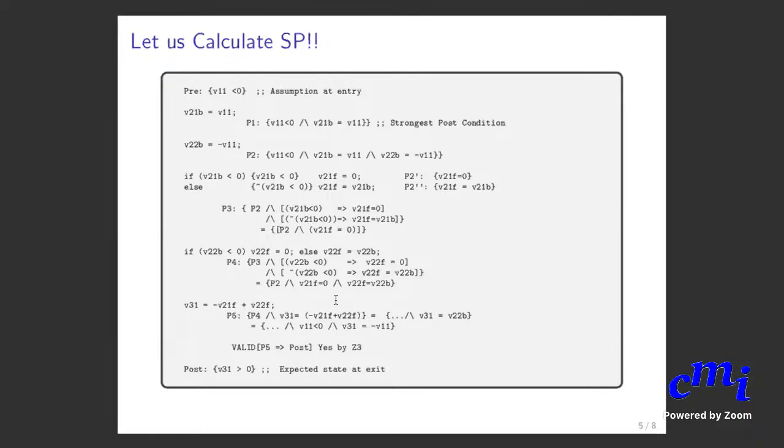Why is this the strongest? Why not? Strictly speaking, formally, you will have to show that, give me any other predicate that captures the values that any of these program variables can take, that is stronger than this.